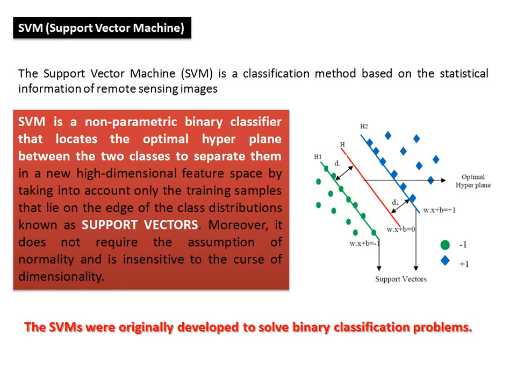Support vector machine is a non-parametric classification system, and it is based on the statistical information of the remote sensing images.